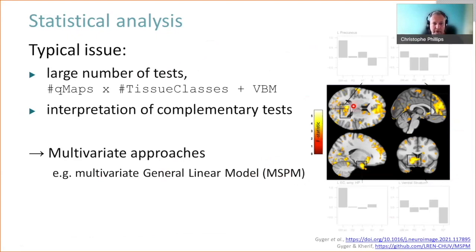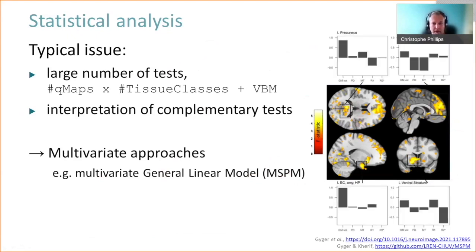But whenever we observe some significant results, illustrated here in these 4 parts of the brain, what we also look at is the profile of the data that drove the observed effect of interest. And in this case, you see a mixture of effects coming from gray matter volume, that is the classical VBM, as well as coming from the quantitative maps that were used as well.